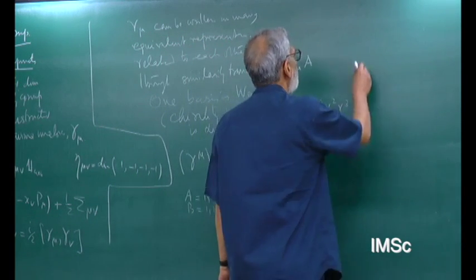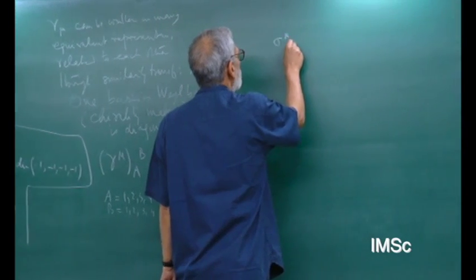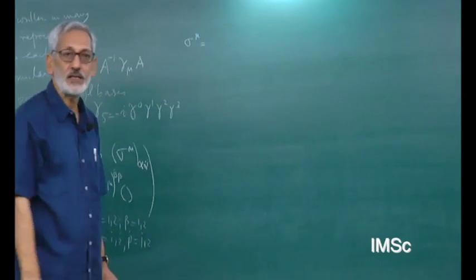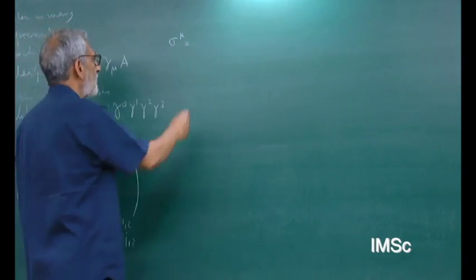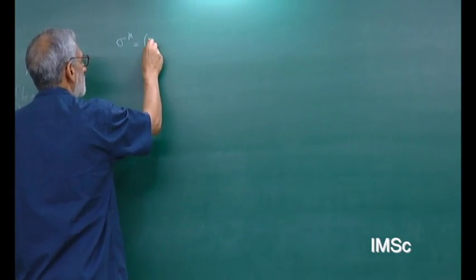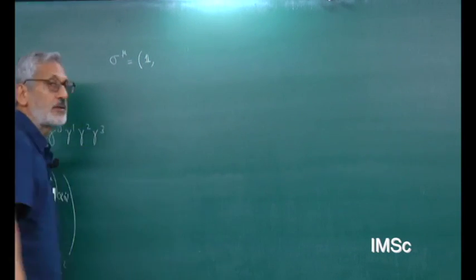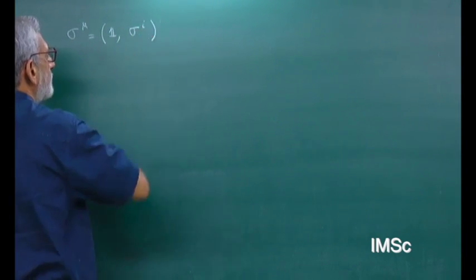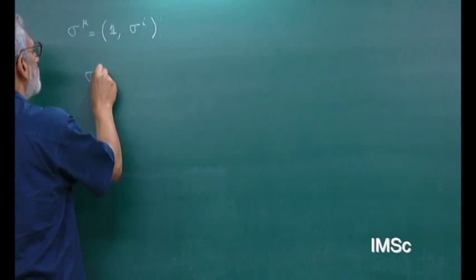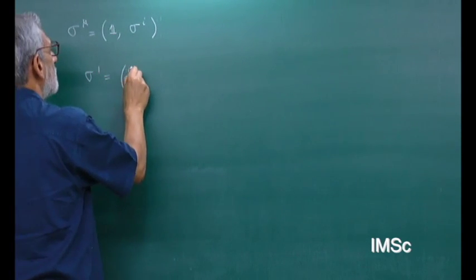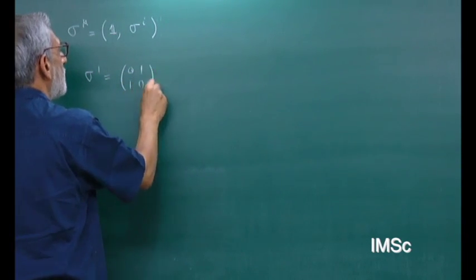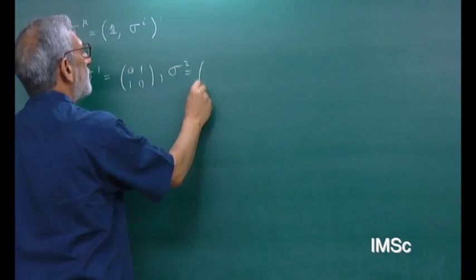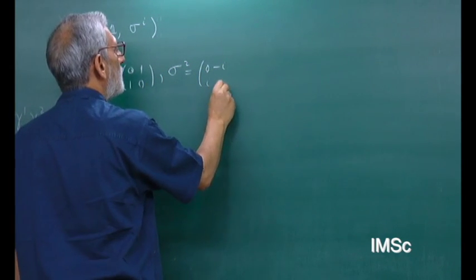Now what are these sigma mu's? Sigma mu, these are 4 2 cross 2 matrices. Sigma 0 is a 2 cross 2 unit matrix. And sigma 1, 2, 3 are ordinary Pauli matrices. Sigma 1 is 0, 1, 1, 0. Sigma 2 is 0, minus i, i, 0.